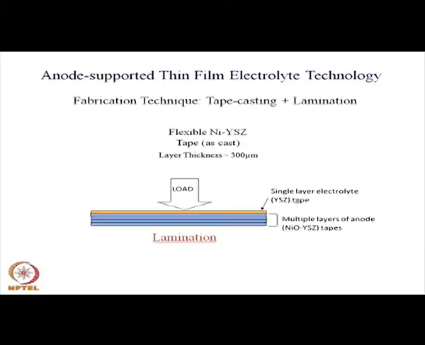So, a single layer of electrolyte is there, and then a few tapes depending on the thickness of each individual tape, as well as the final thickness of the support anode. So, these are nickel YSZ tapes which have been pressed together in the cold condition. By putting a load you compress them, and this is the multiple layers of anode nickel.